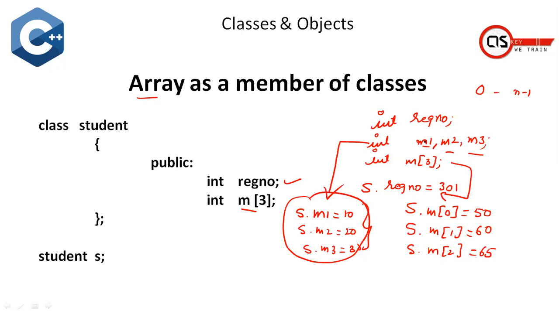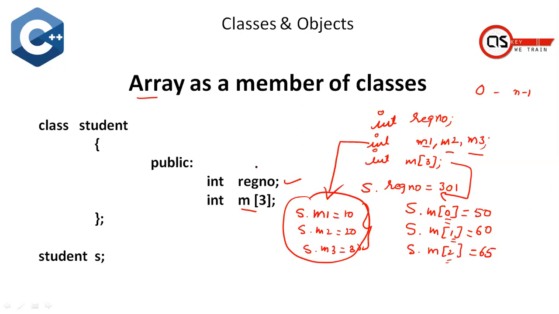Rather than declaring M1, M2, M3 and accessing them individually, we make an array a member of a class. With the help of its index value, we will be able to store the marks of a student. It is as simple as that. When you are able to perform manipulations on an ordinary array, the same kind of array can be made a member of a class, and you can perform whatever operations you can perform on any other data members.